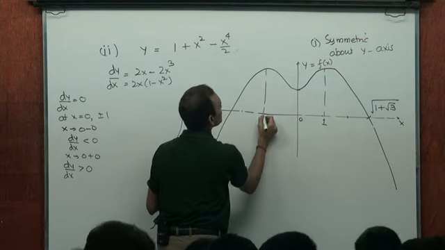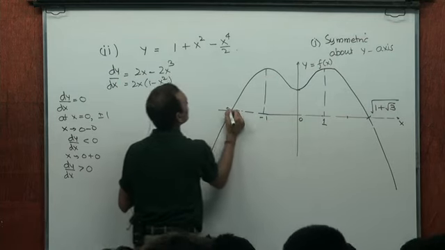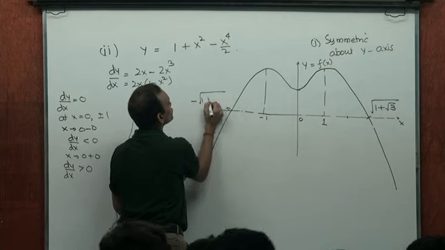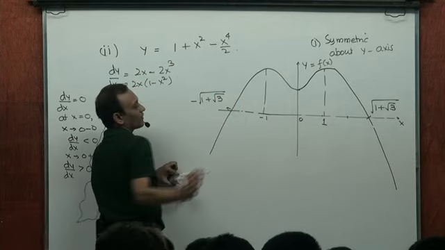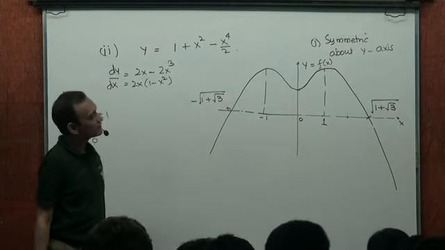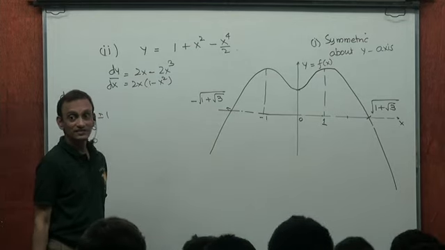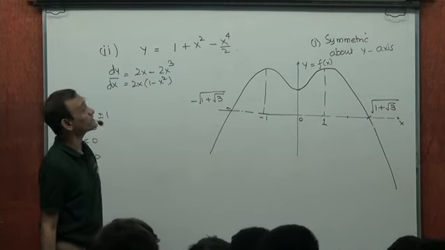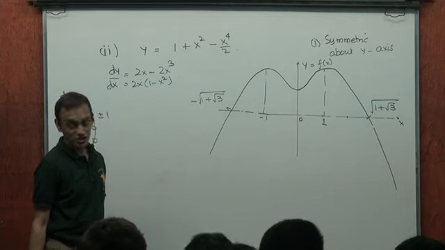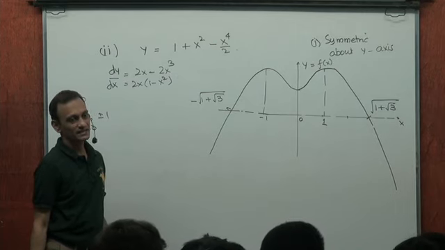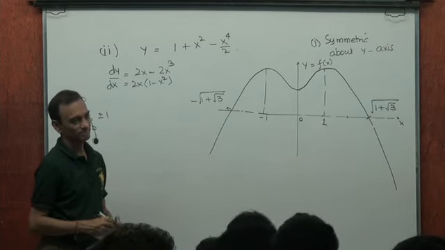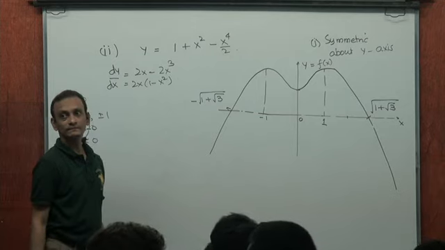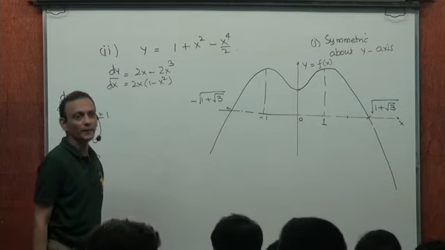This must be minus 1 and this must be minus root of 1 plus root 3. That's the trace of y equal to 1 plus x squared minus x power 4 by 2. Isn't it? Got me?